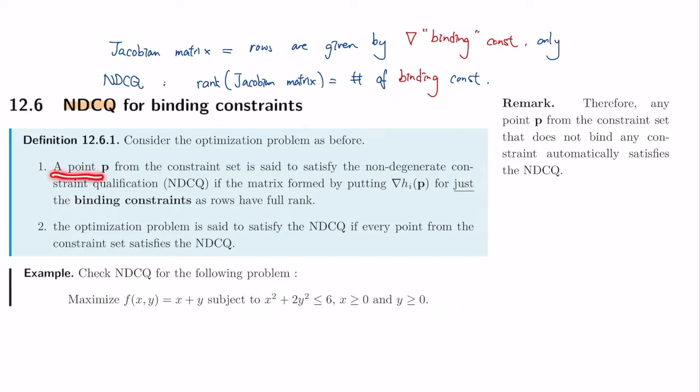For a point P to satisfy the NDCQ, we want the matrix formed by the gradients of the constraint functions for just the binding constraints to have full rank. And then we say that our optimization problem satisfies the NDCQ if every point from the constraint set satisfies the NDCQ. So it would be a lot easier if we look at a concrete example.